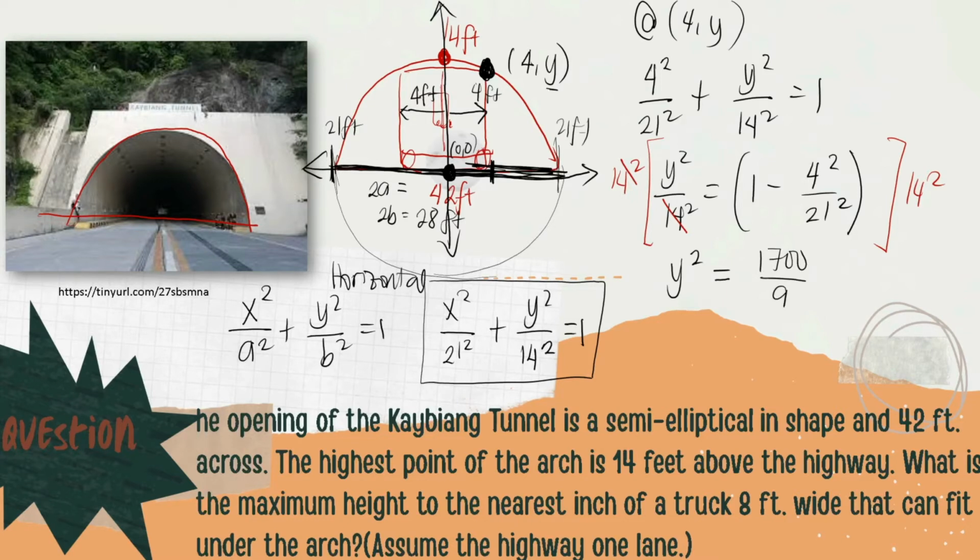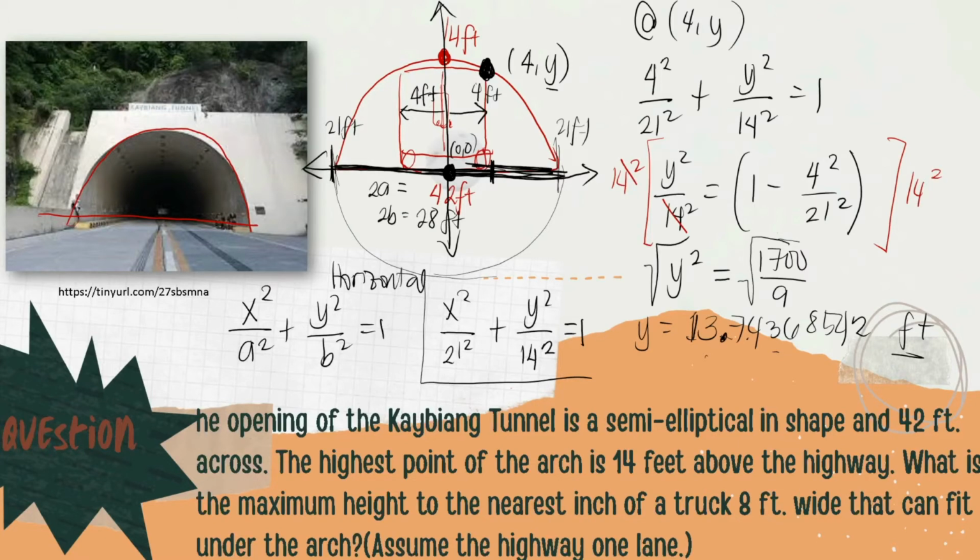Then we take the square root of both sides. Square root of 17 over 9, so y is equal to 13.74368542 feet. Notice I haven't rounded it off since the unit is still in feet. The problem says, what is the maximum height to the nearest inch of a truck 8 feet wide? So we still need to convert feet into inches.